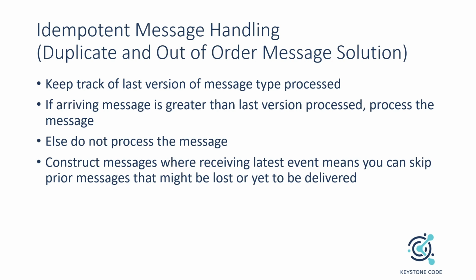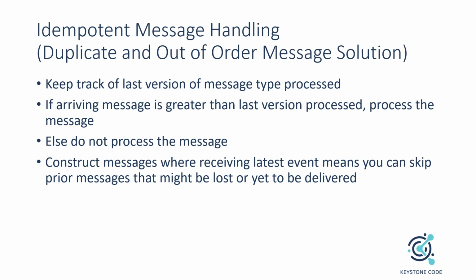And by tracking that, we're going to know, is the message that we just received the one that we expected? If the arriving message is greater than the last version processed, then we go ahead and process the message because we know it's greater than what we last processed. If the version on the message is less than the last one we processed, and that could happen if they're coming in out of order, then we do not process the message. So that kind of helps us with the out of order messaging.